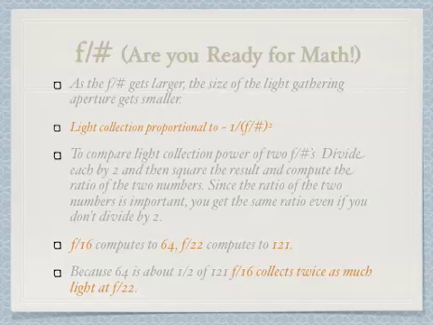So, for example, f/16: 16 divided by 2 is 8, 8 squared is 64. f/22: 22 divided by 2 is 11, and squared that computes to 121. 121 is approximately twice 64, so f/22 has half the light gathering power of f/16.